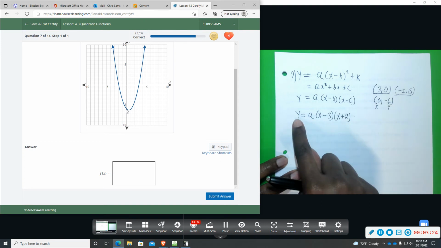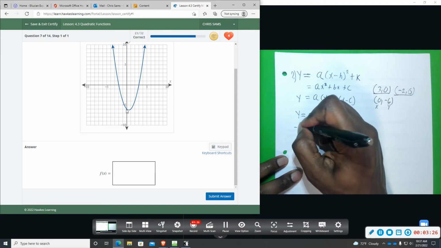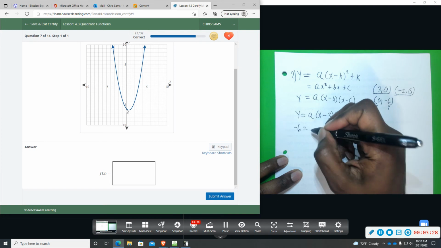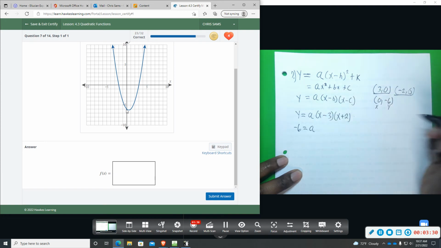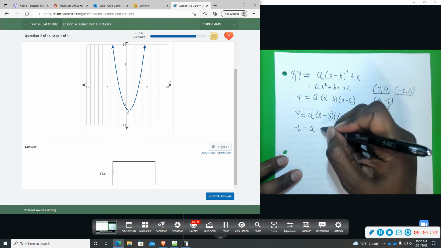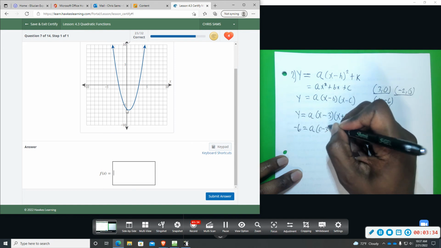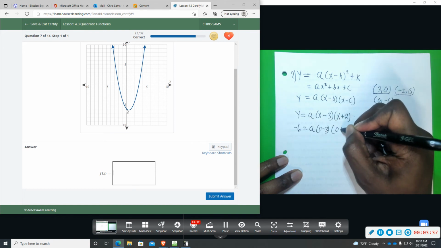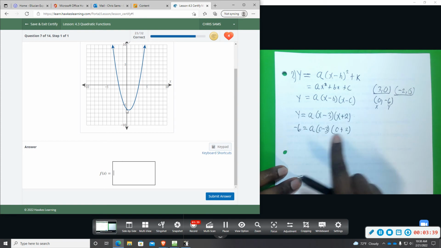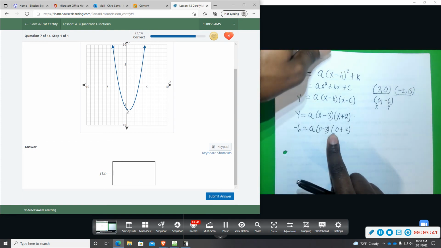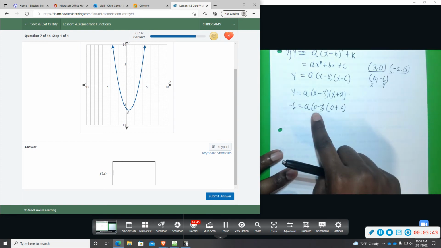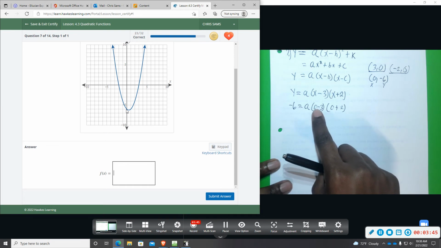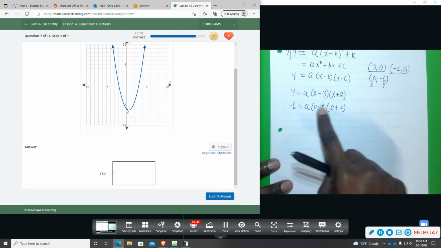So I'm going to plug in the negative 6 for y. Negative 6 equals, we don't know a yet, but we can plug in zeros for the x. So 0 minus 3, and then 0 plus 2. So we're going to simplify this and then solve for a. This will give us a negative 3, and this will give us 2.